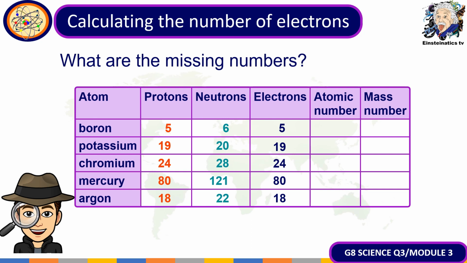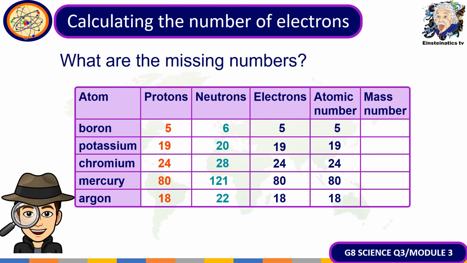Next one, since the number of protons or the number of electrons is also equal to the atomic number, since the atomic number depends on the number of protons, so meaning yung protons and electrons together with the atomic number, the values are the same. So meaning boron is also 5, 19, 24, mercury is 80 and 18.